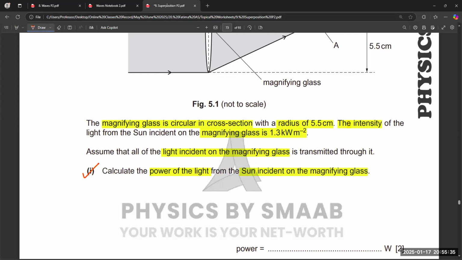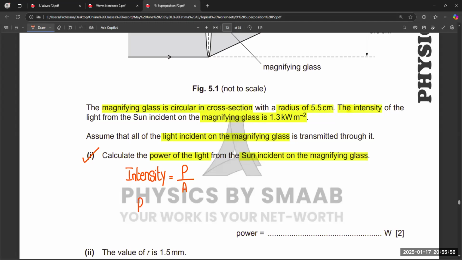So for the power, we can use the formula of intensity. Intensity is equal to power upon area, so power is equal to intensity into area.